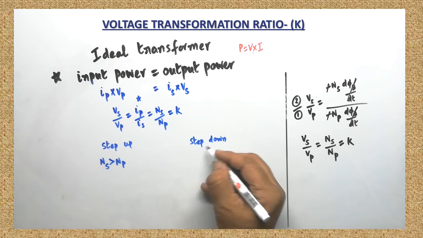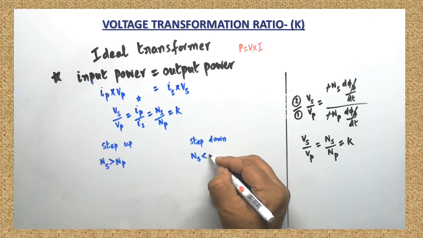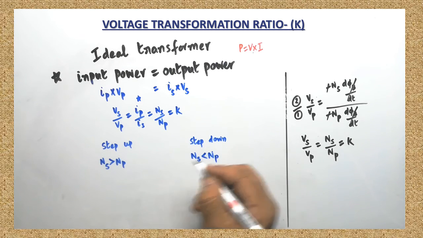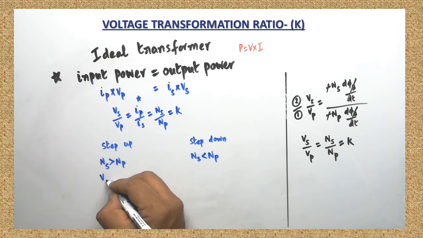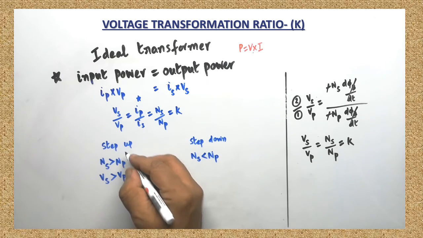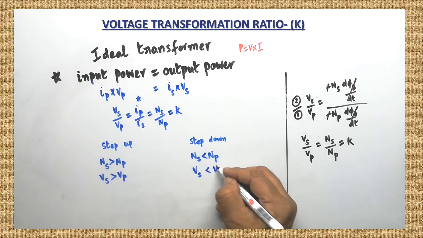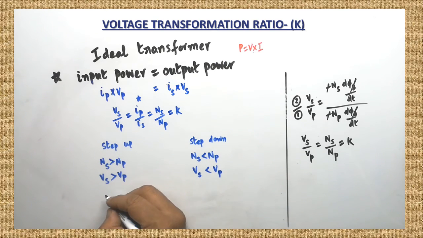In the case of step down transformer, the number of turns in the secondary will be lesser than the number of turns in the primary. Voltage across secondary will be greater than voltage across primary in the case of step up. In step down, voltage across secondary will be lesser than voltage across primary. Are you clear?